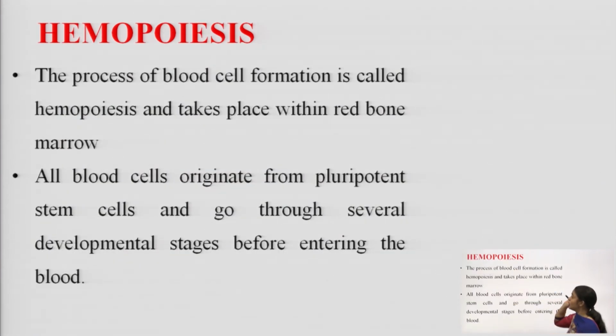Now come to the hemopoiesis. The process of blood cell formation is called hemopoiesis and takes place within the red bone marrow. All blood cells originate from the pluripotent stem cell and go through several development stages before entering the blood.